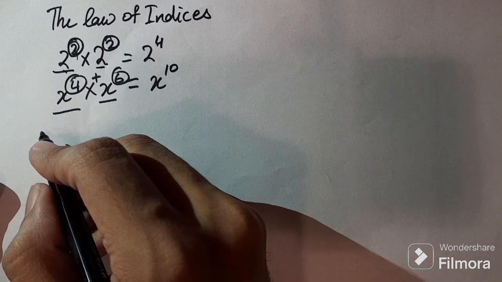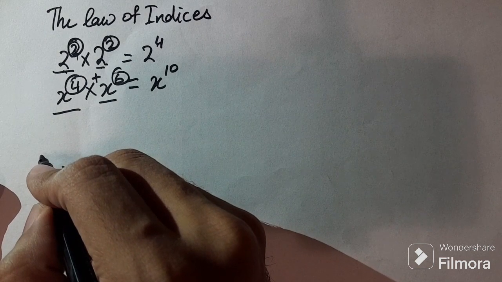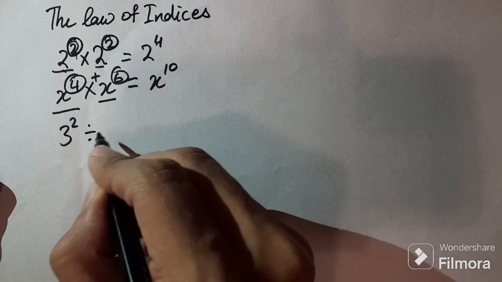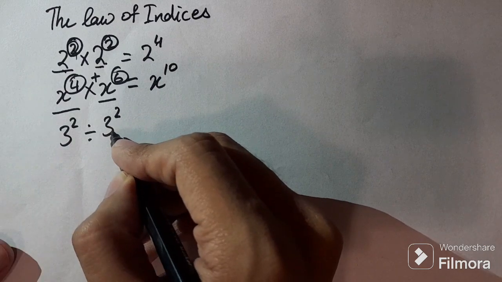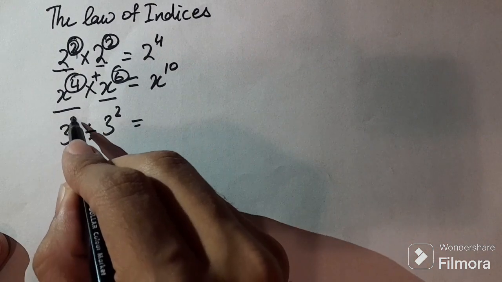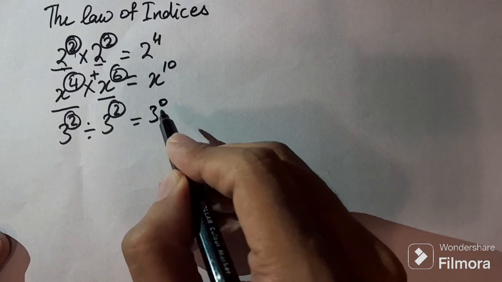Next will be 3 to the power of 2 divided by 3 to the power of 2. Here 2 minus 2 will be 0, so 3 to the power of 0.